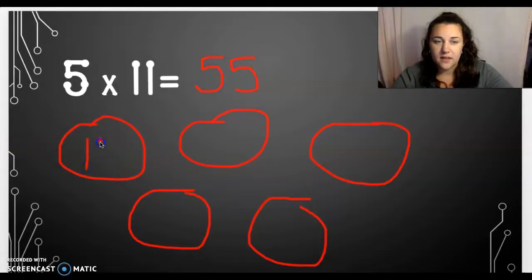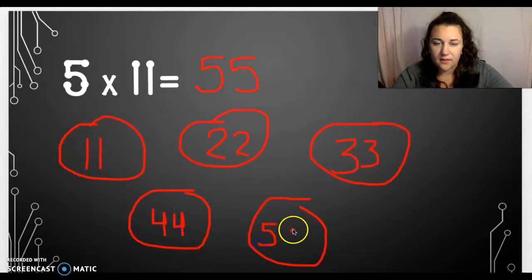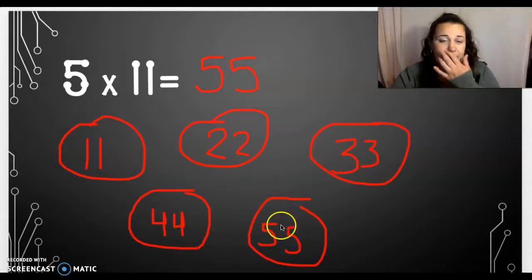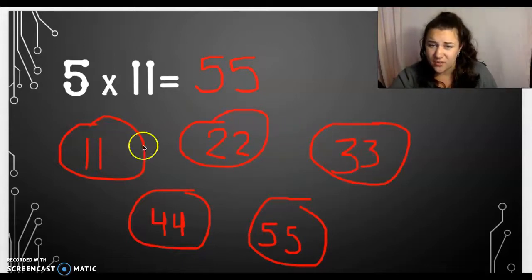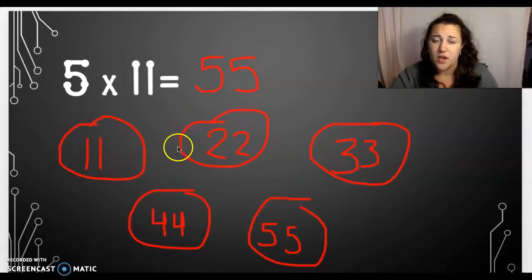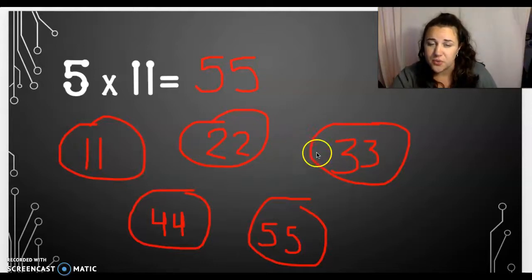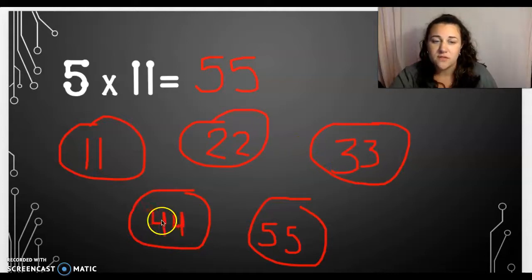So 11, 22, 33, 44, 55. And if you notice, friends, we got the same answer, 55, but these are all doubles also. Look, 11 is 1, 1, 22 is 2, 2, 33 is 3, 3, 44 is 4, 4, 55 is 5, 5.